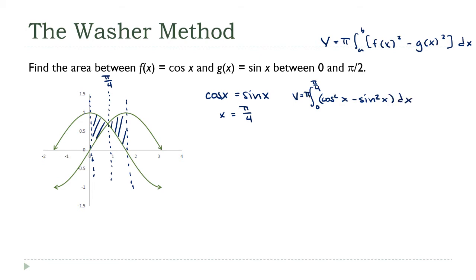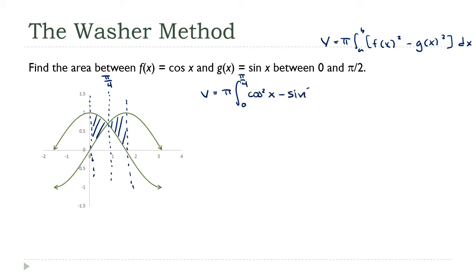Don't forget the pi out in front. That's not enough room. Sorry, let me write this again. I'm going to need more room to have the second integral there. So let me clear some space here, and I'll write it again. The volume is pi times the integral from 0 to pi over 4 of cosine squared x minus sine squared x dx plus pi times the integral from pi over 4 to pi over 2.